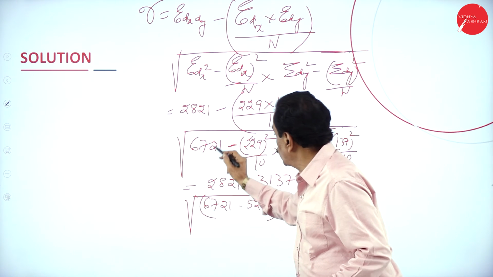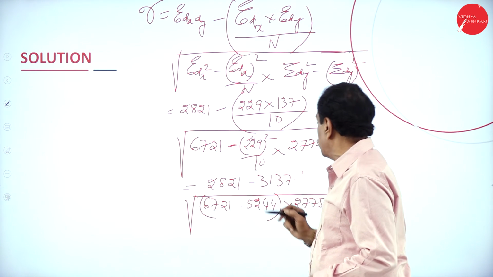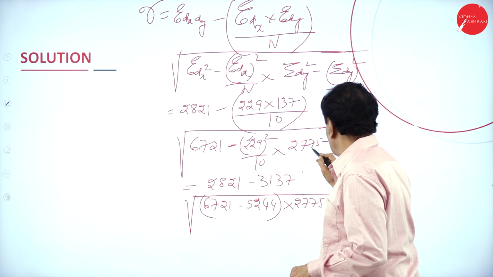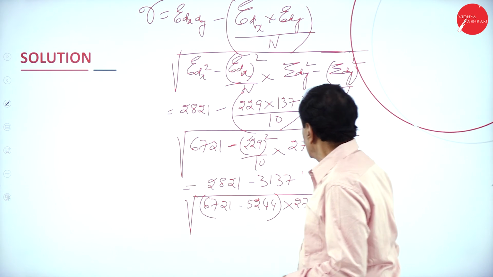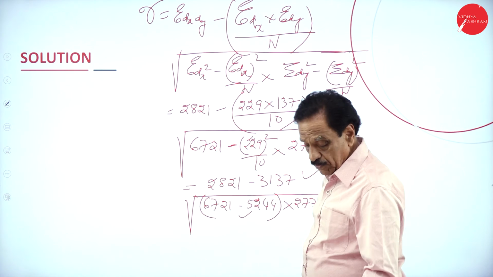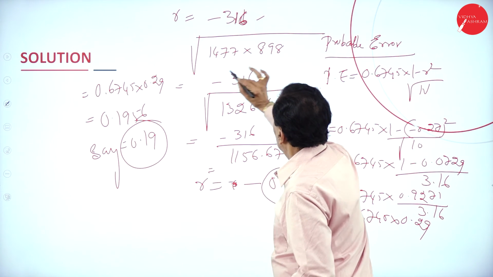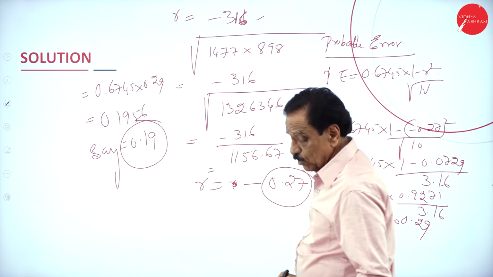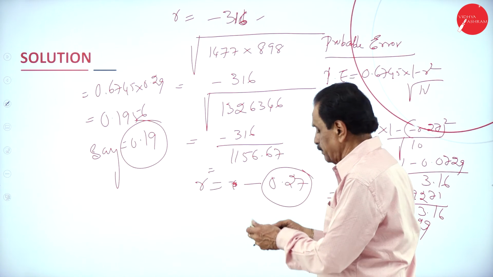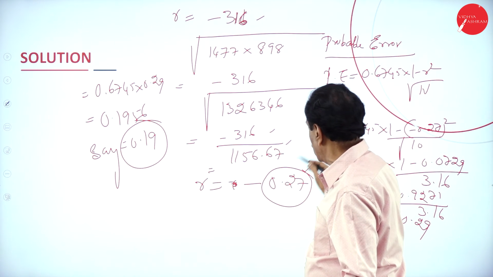So 6721 minus 229 whole square divided by 10, into 2775, 137. So if we multiply this now, we'll move on to the next one. Here 316, 1477, root of this, if you divide now, 0.27.